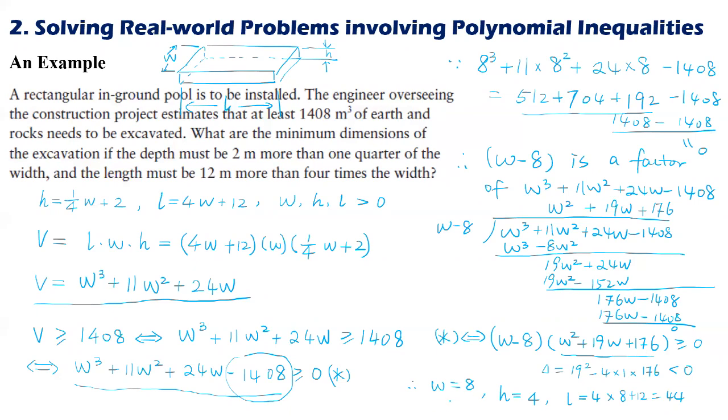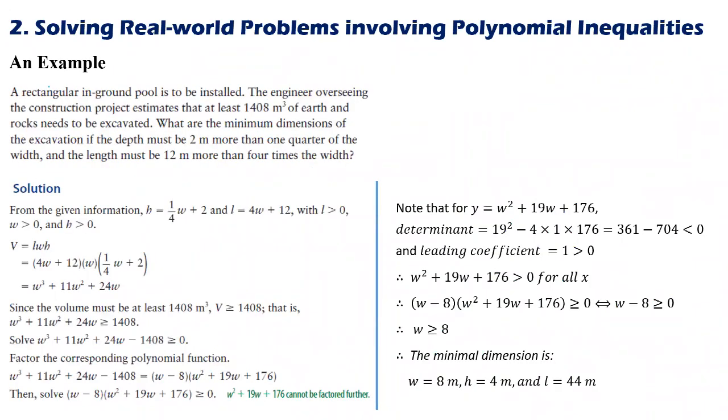And the units are meters. Okay, so this is our final solution. Please have a look at that. Also, you can read the formal writing of the solution in this slide. Okay, any questions? Please let me know.